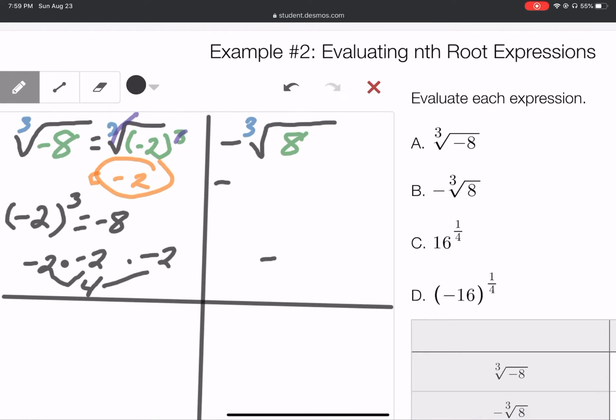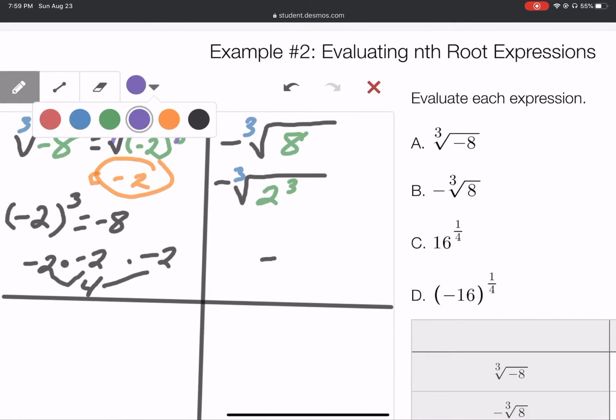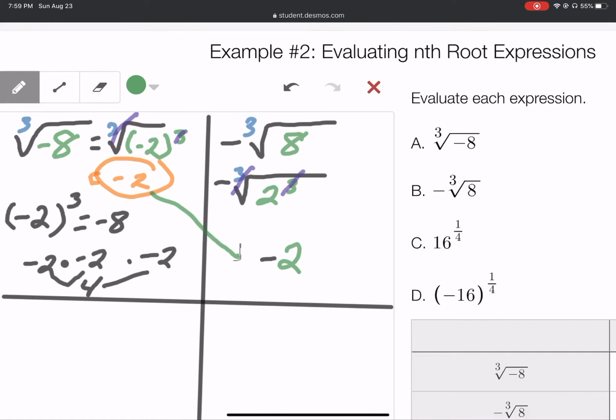So then we're going to have negative, and then we know that this is going to be 2 to the power of 3. Then our root and our exponent will cancel out, giving us the 2 that's left inside. Okay, so even though our answer here is the same, it's a different way that we approached it.